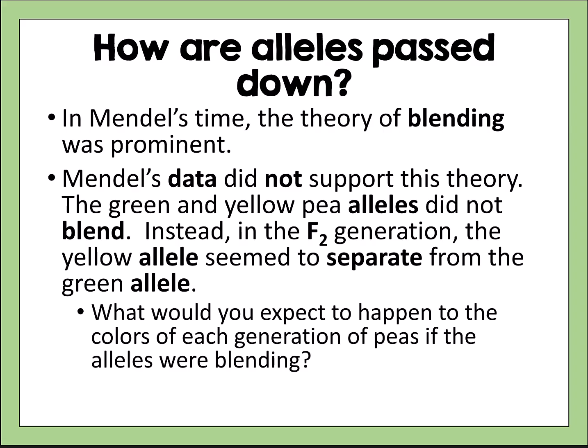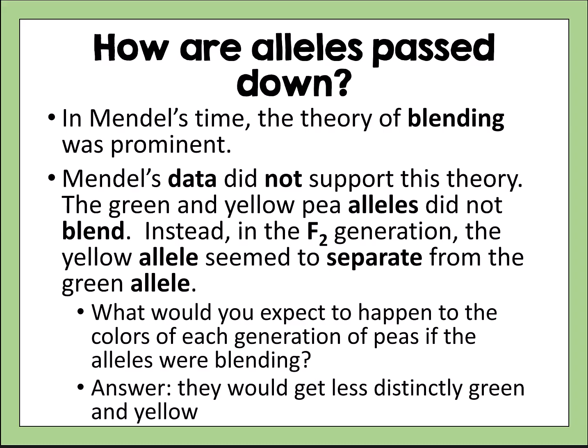What would you expect to happen to the colors of each generation of peas if the alleles were blending? So if we had blending occurring, if this theory was correct, and you were crossing a green pea-podded plant with a yellow pea-podded plant, we would expect that the next generation would be less distinctly green and yellow, that we would be getting more consistent greenish yellow pea pods as we move through the generations of pea plants.